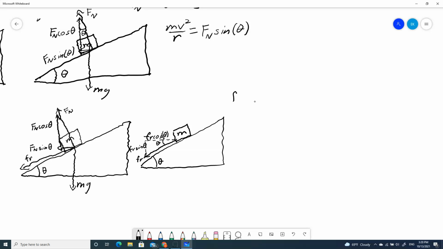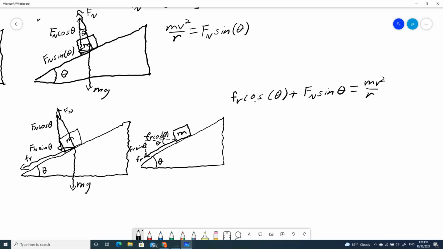Look at this. F_r cosine theta plus F_n sine theta. Now, I'm drawing parentheses around some of these thetas. Some don't have parentheses. It doesn't matter, just as long as you get it. Equals mv squared over r.